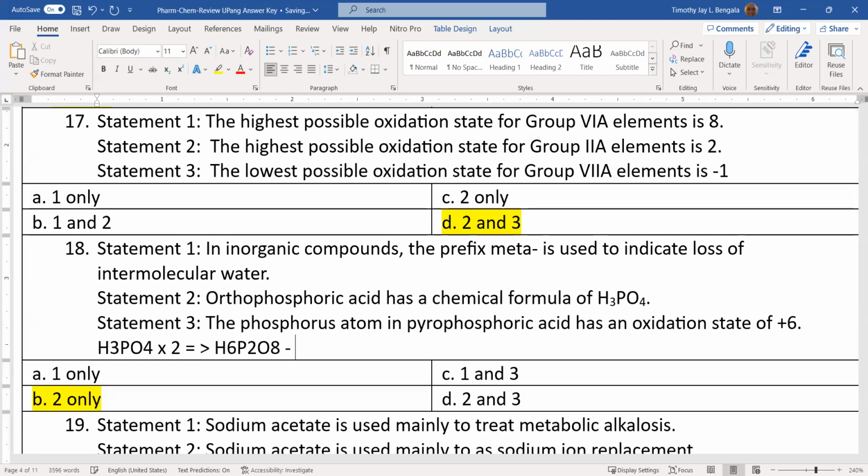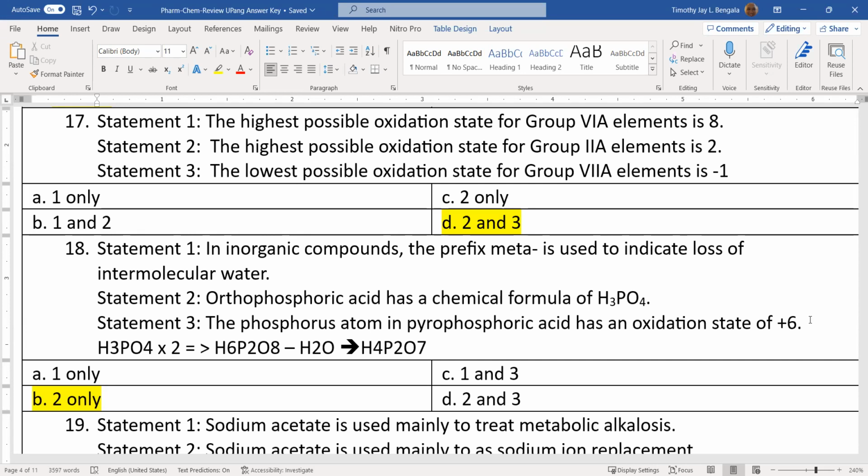Then we subtract H2O. So again, without memorizing, you will be sure that the chemical formula for pyrophosphoric acid would be H4P2O7. So it's a chemical formula for pyrophosphoric acid.